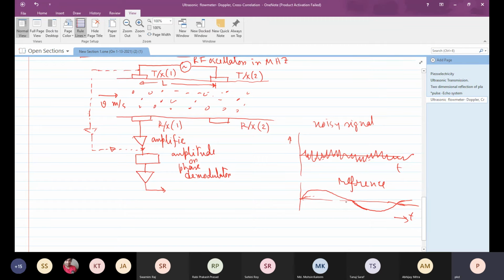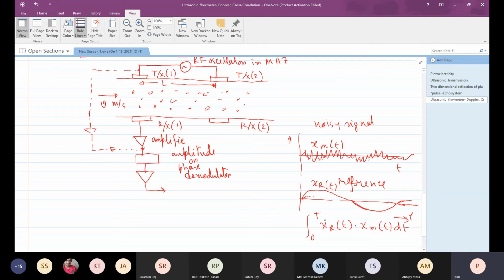So now, if we multiply this one over a large number of time periods and integrate, so this is say x R T and this is x M T. If we do this, what will happen?